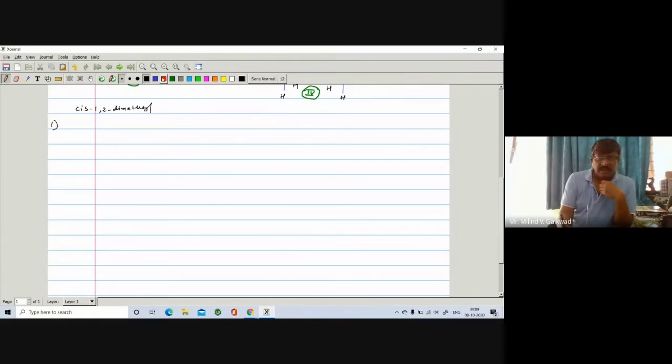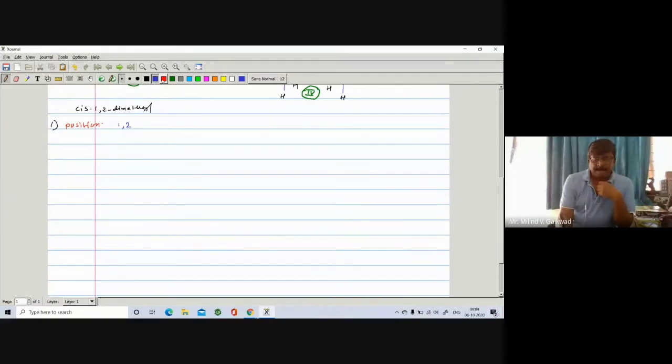In that one, we have to check first what is the position. The position is 1 and 2, which means the two groups are substituted at the 1 and 2 positions.